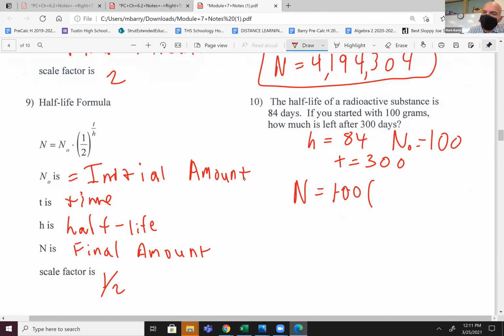So we'll do 100 times 1/2 to the power of 300 over 84.